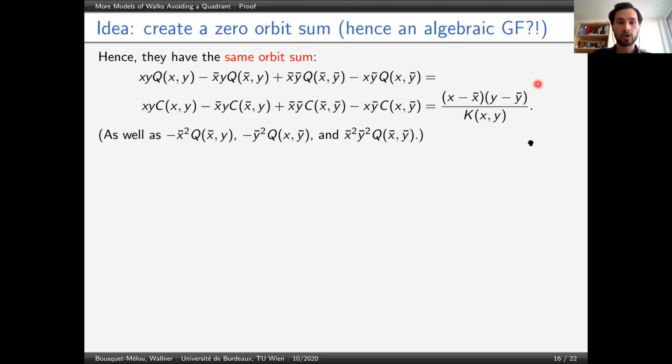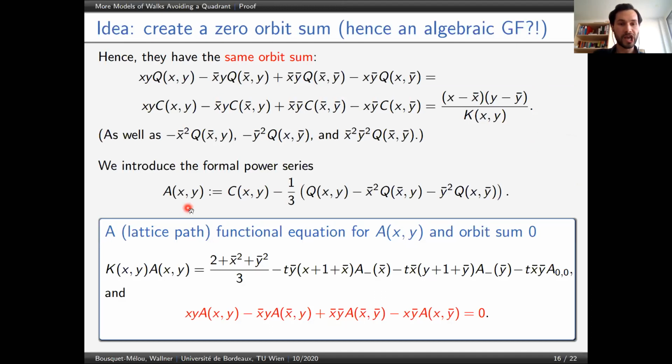So here I just recall the same lines from before. And what we do, we introduce A of x as this function here. And then we get, by construction, that the orbit sum is 0. And moreover, we get the functional equation I've shown you on the previous slide.